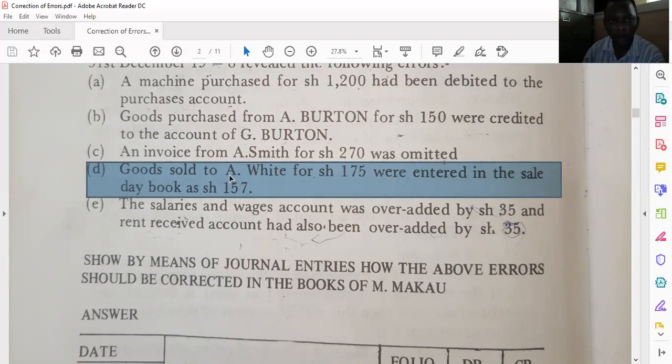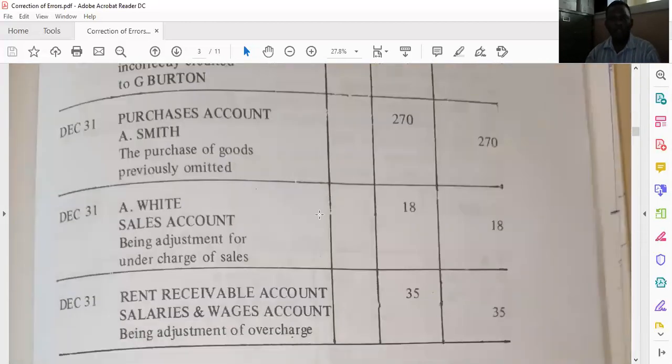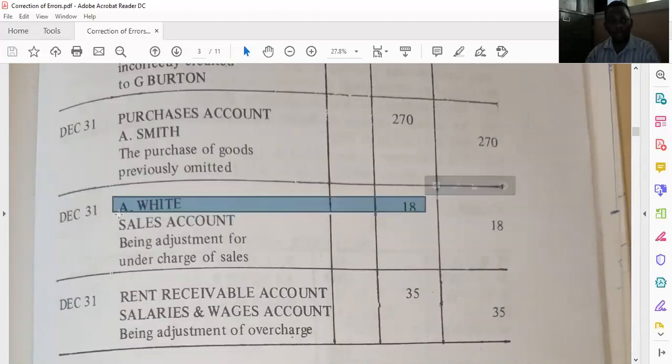But by error, we debited A White's account by 157 and credited sales account by 157. We correct for that by adding the 18 shillings deficit, debiting A White with 18 shillings and crediting sales by 18 shillings. I believe that is what has been done.